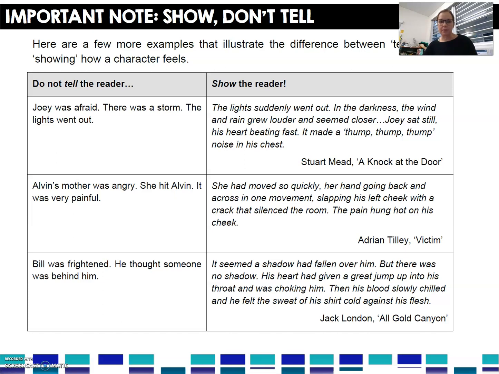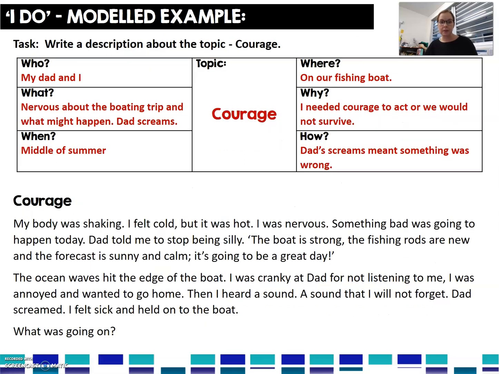It made a thump, thump, thump noise in his chest." Okay, a much more exciting read that paints the picture of what's going on. We can see the emotions of Joey, the character here, that he's nervous. We can imagine being in his shoes. There are 2 other examples here for Alvin and for Bill. Have a look at those. When it comes to your individual construction of this task, if you're having difficulties, come back and have a look at these examples and they might assist you.